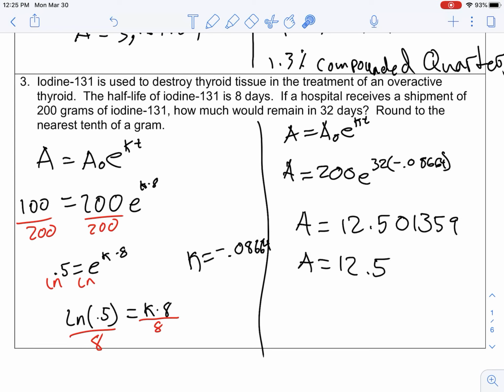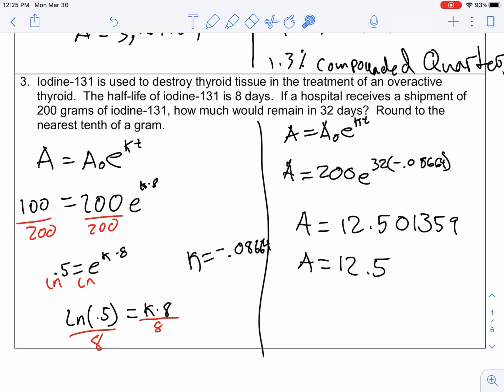And so essentially we're solving for k. I natural log both sides. So ln of 0.5 equals, well, natural log canceled out with e. So I have k times 8 here, and I was able to divide 8 to both sides to find that k is equal to negative 0.08664. That's our rate.